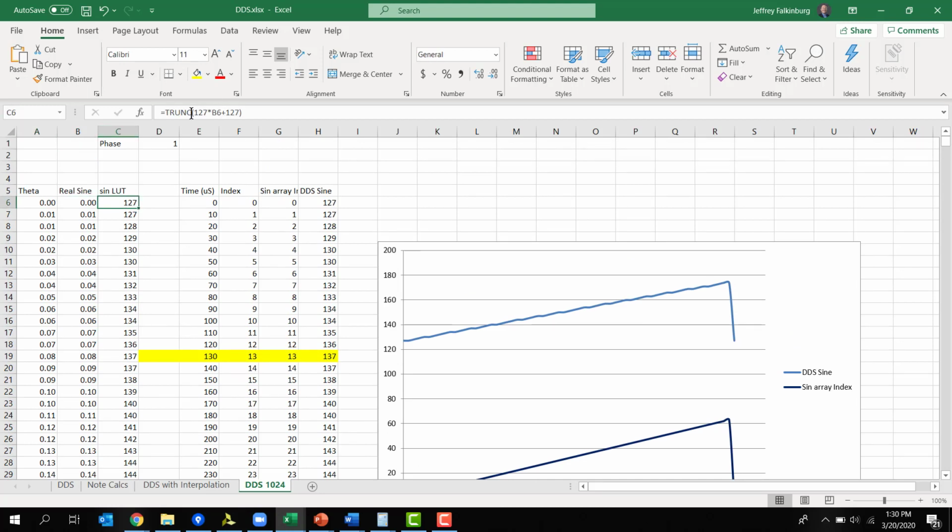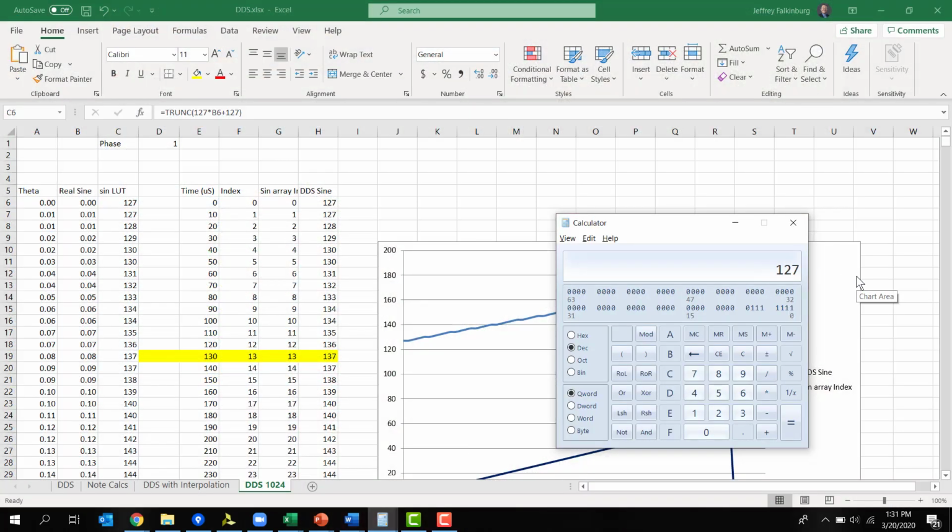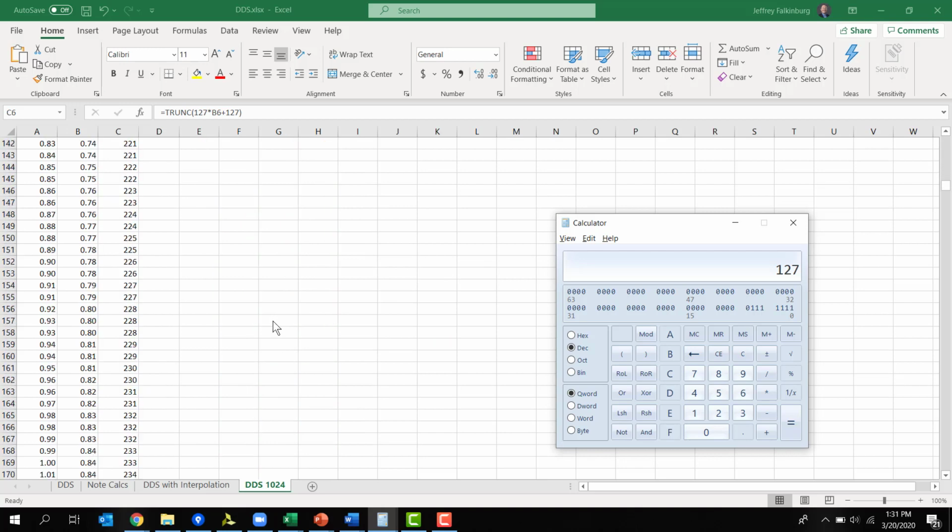And you can look at it, it's going to truncate the value of 127 times the value in B6, so the sine of that, the real sine value of that, plus 127, it's basically putting it on a scale to 127. You might have to change the scale to something that is more bits, because you notice 127 in decimal is 7 bits, so it's going from 127 all the way up and all the way back down to 0.